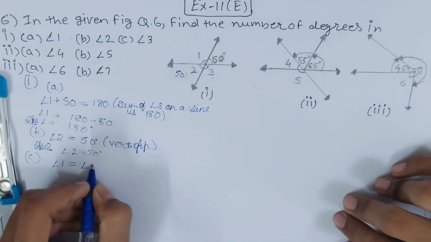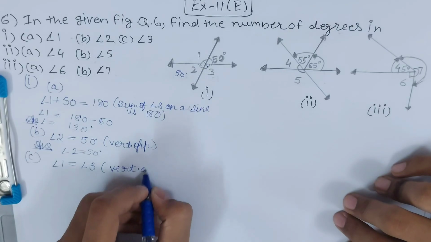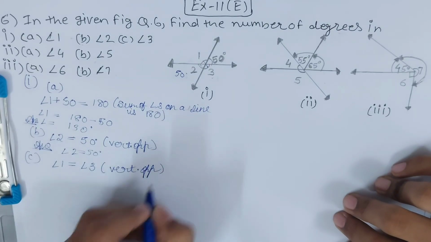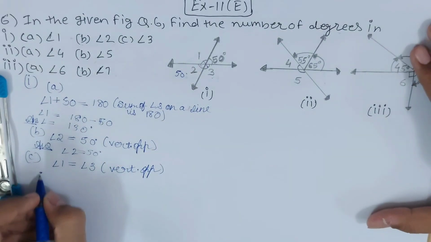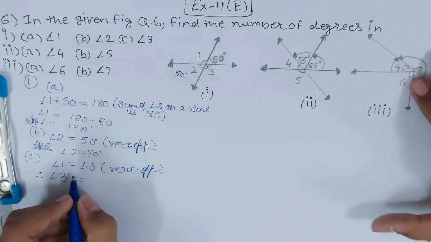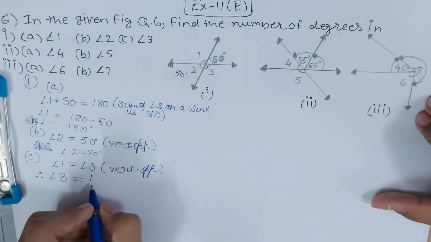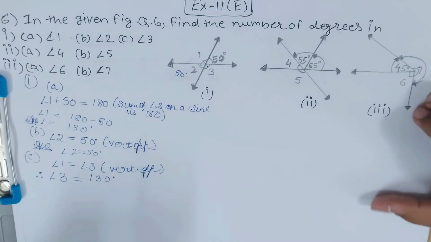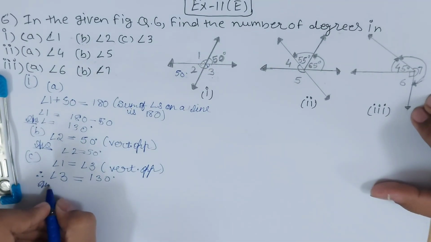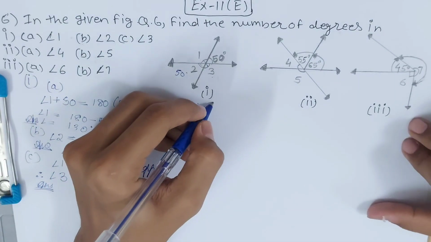Angle 1 is equal to angle 3, and the reason is that they are vertically opposite angles, right? Therefore angle 3 will be equal to angle 1. Angle 1 is 130 degrees. So this becomes your answer. Clear?